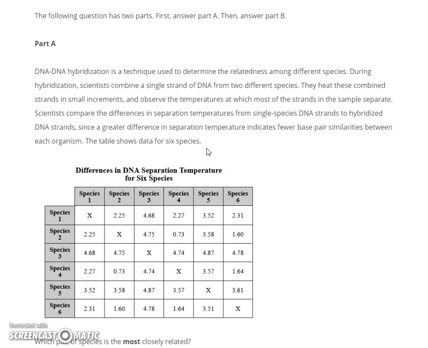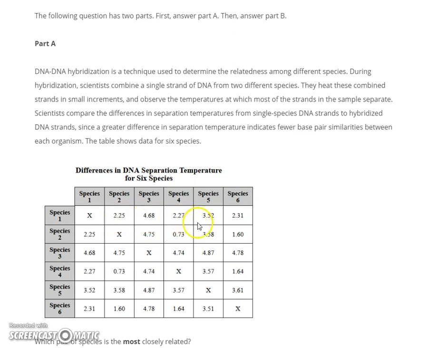Now, if you compare two similar species, their DNA chains are going to be kind of matching, but they're not going to match perfectly. So maybe instead of having an A and a T, maybe there's an A and a C. And those two don't match, and that means they're not going to hydrogen bond. So what we see in this chart are groups of species and their separation temperature, how different they are.